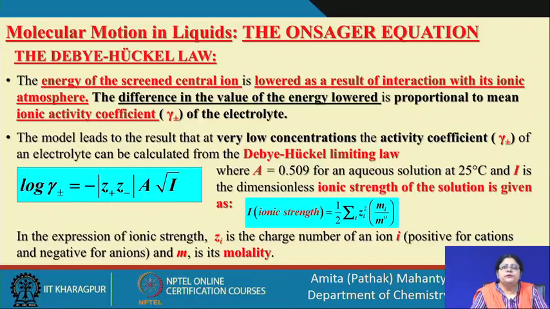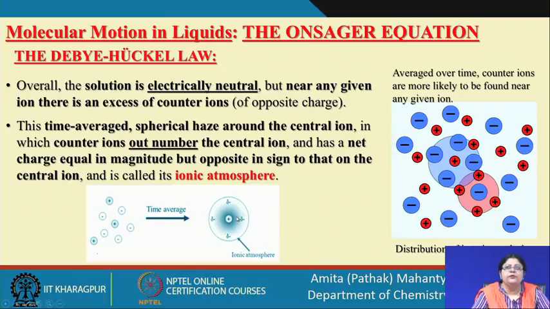So, what happens according to Debye-Huckel theory? They found that the energy of the screened central ion is lowered as a result of interaction with the ionic atmosphere. If you look at the picture, you will see this ion and this ion, the Coulombic interaction between these two ions, this a positive charge, this a negative charge. This interaction is going to be affected if you have a shield around it.